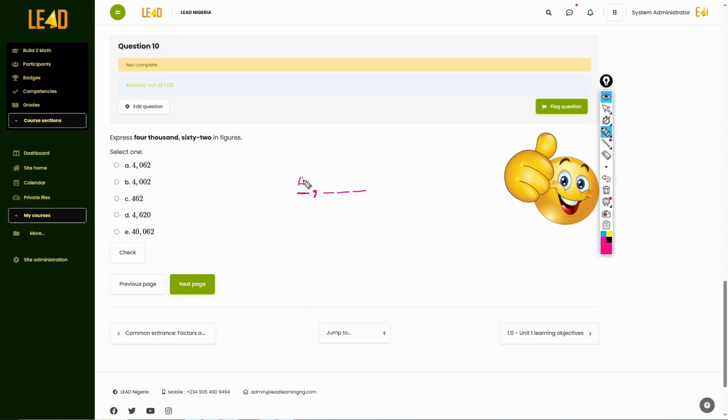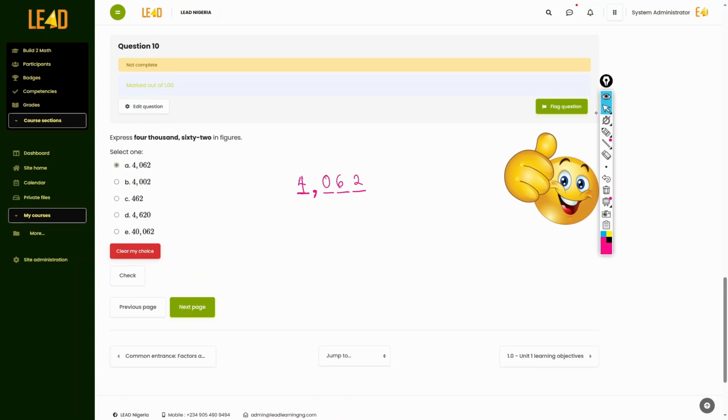So we just write 4 there. And on the other side, we write 62. So I want to fit in 62 here. So that means it has to be 062. All right. If you write it any other way, you have something different. So I'll just read out the options that we have here. But the correct option is A, 4,062.